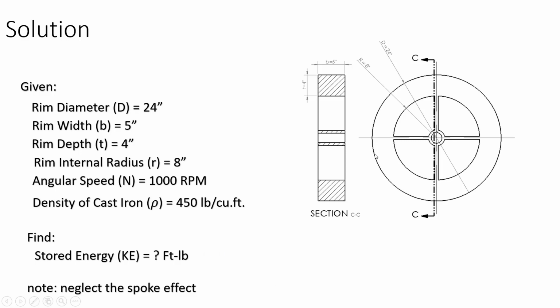But in a rotational motion like a flywheel, it is 1/2 times the inertia and the square of the angular velocity. And there is a note here which says neglect the spoke effect. So let's proceed.